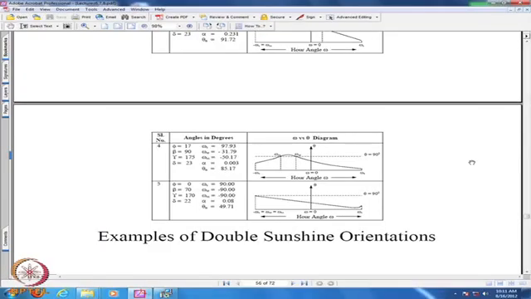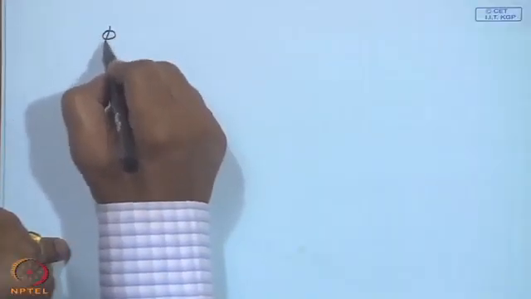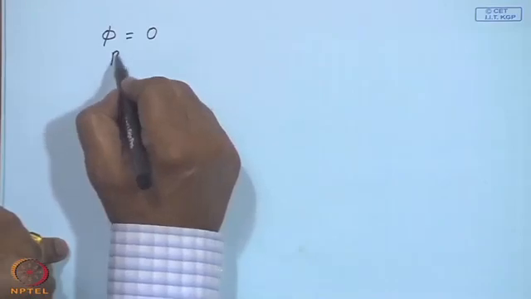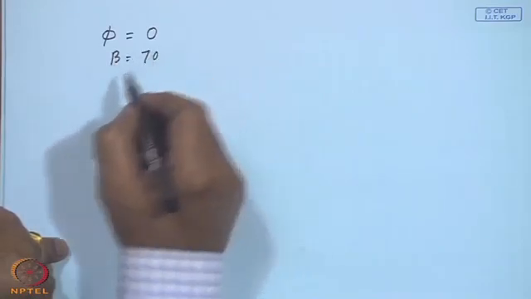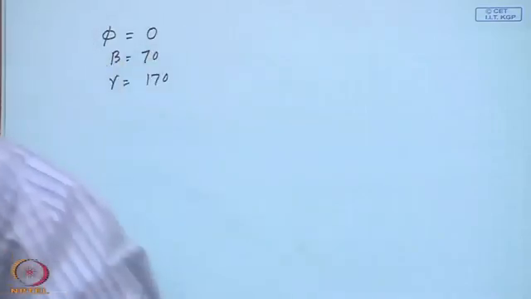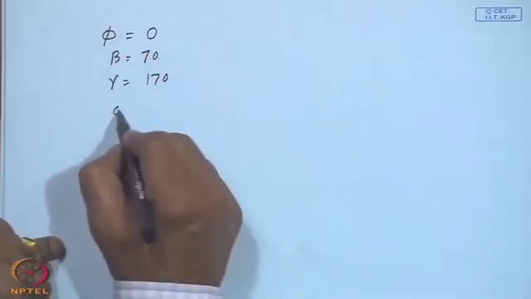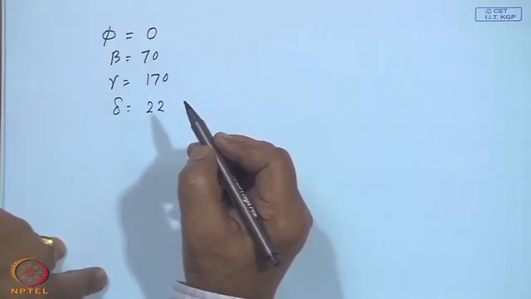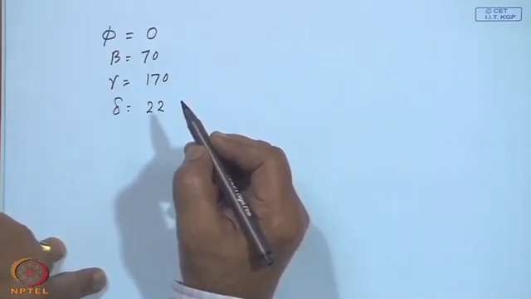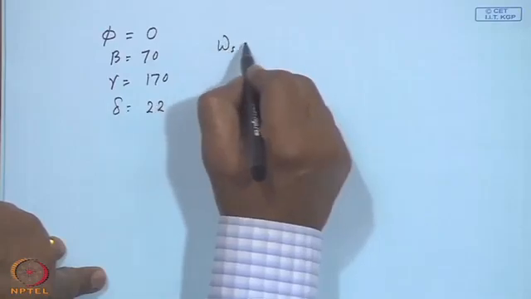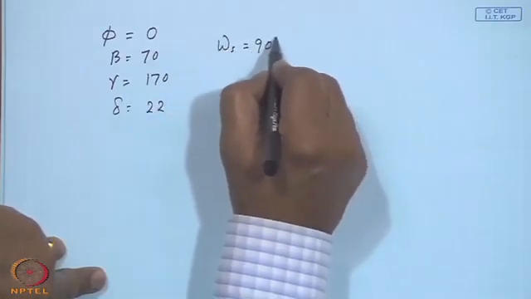The last one is a peculiar situation. You have equator, phi is equal to 0, and beta of 70, gamma of 170, that means almost towards north, and declination of 22. Now, first of all you can see this phi and delta 22 is fine. So, you have omega s 90 degrees.